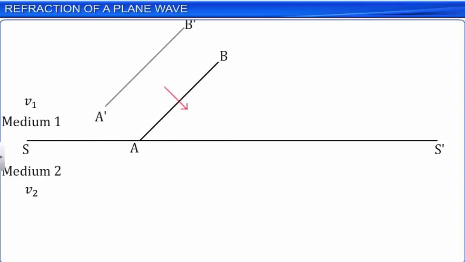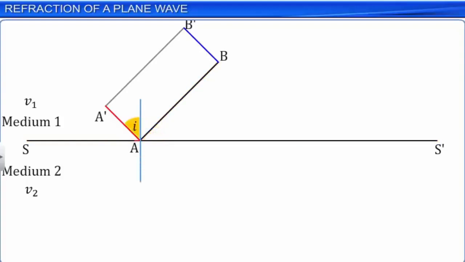A normal to the wavefront in the direction of its propagation gives the direction of the wave. Let A' be the direction of the wavefront AB in medium 1. If I is the angle between the wavefront AB in medium 1 and the interface SS', then the angle of incidence is also equal to I.